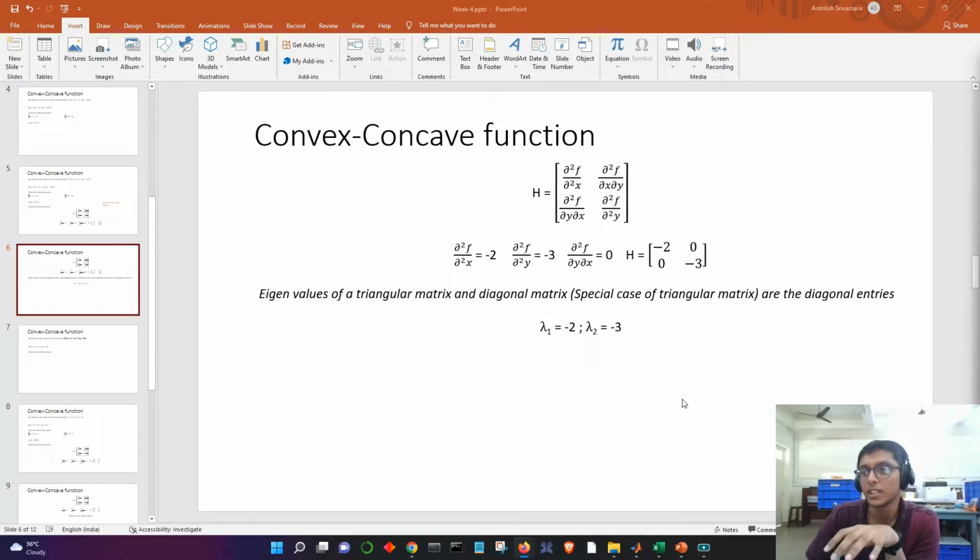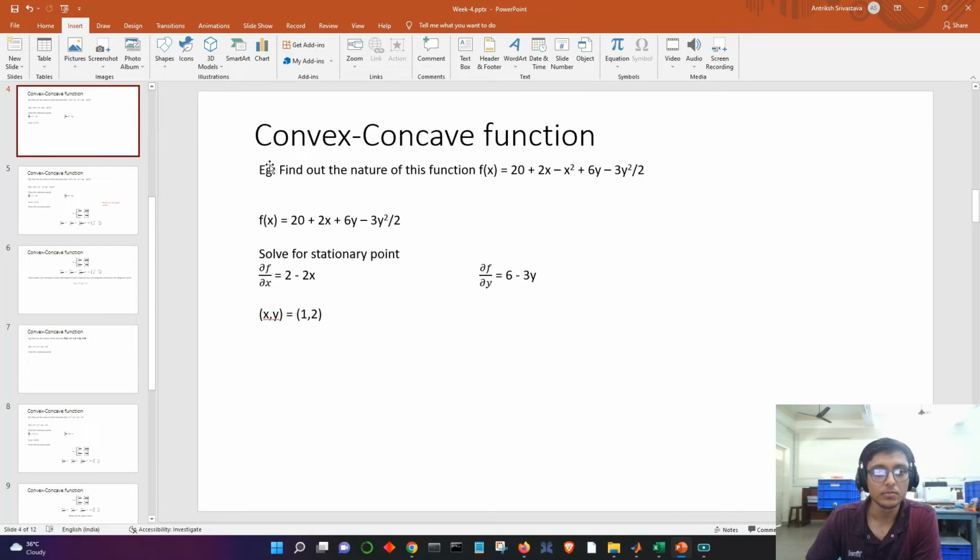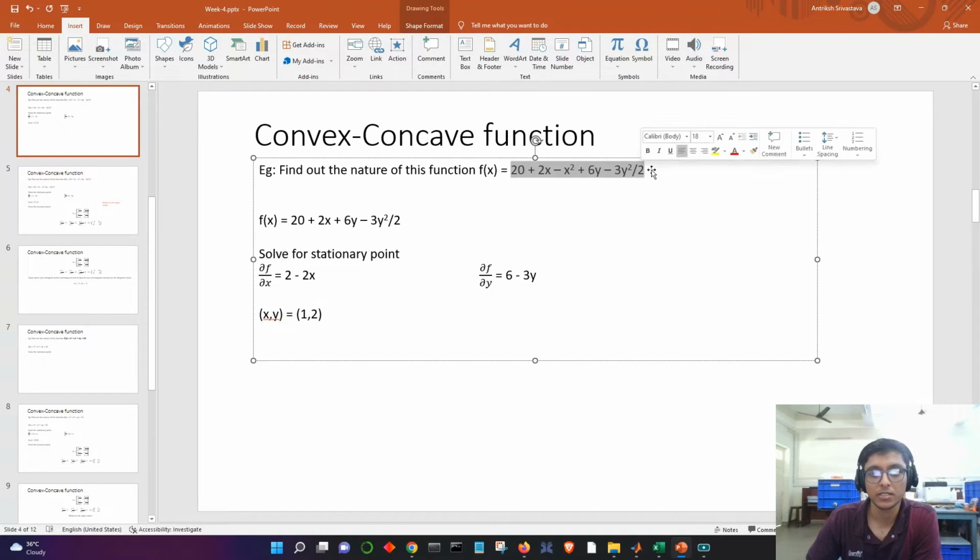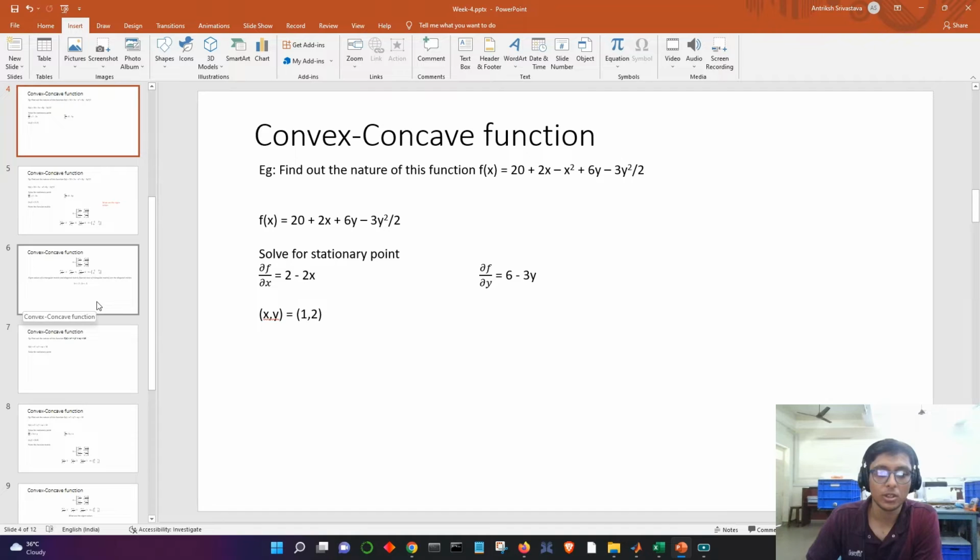When the eigenvalues are non-negative, that means positive and maybe zero, then it is called positive semi-definite. And in that case, our function becomes convex, and it has a global minima. For our case, we have a negative definite matrix. So our particular function, that is this one, is going to be a concave function.